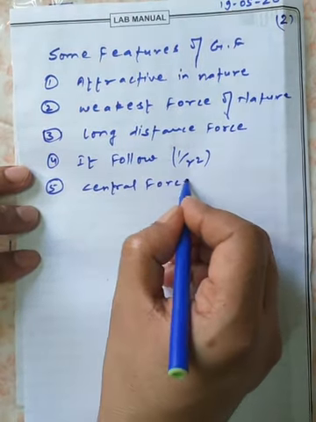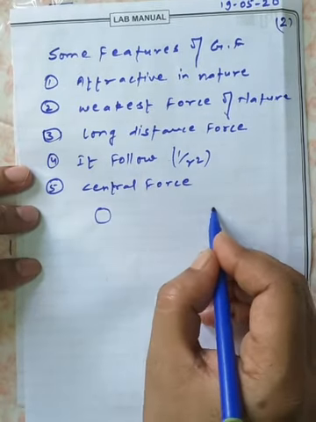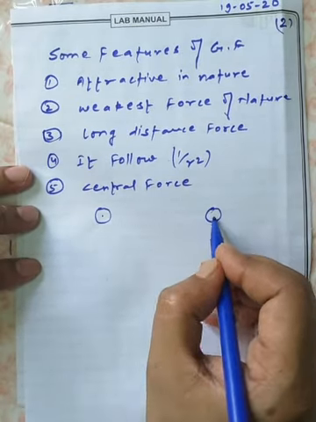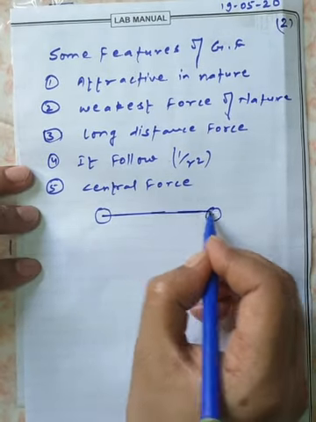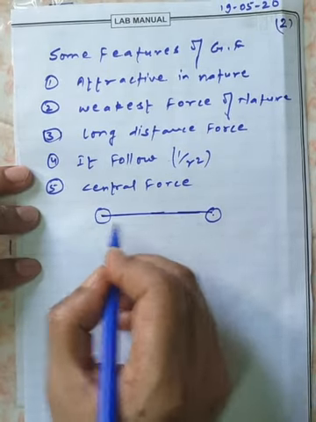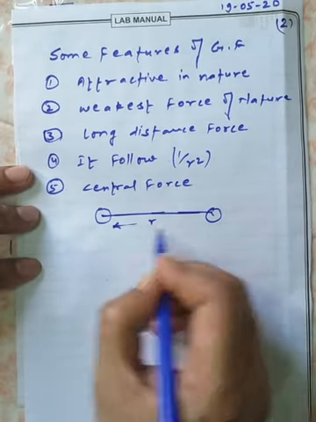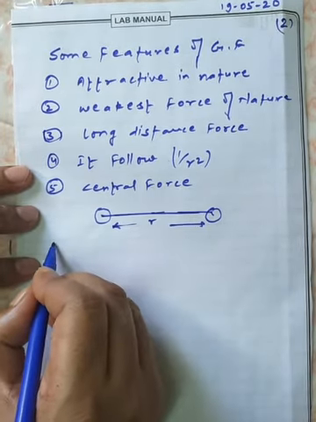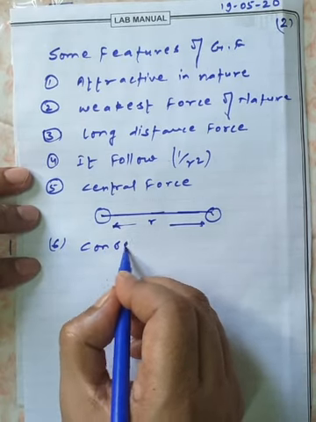Now point number 5, it is a central force. Central force means that whenever we discuss bodies, we assume the mass is situated at their center, and the force acts along the line joining the two centers of the bodies. That's why this force is called the central force. Point number 6, it is a conservative force.